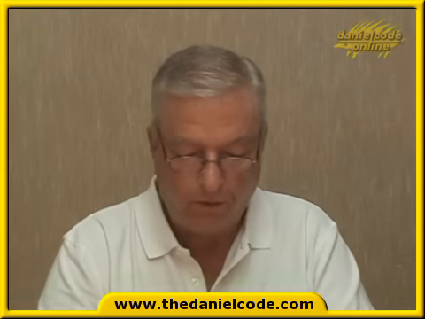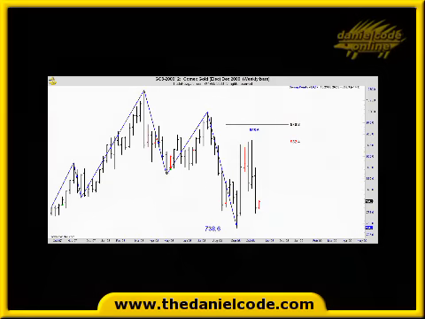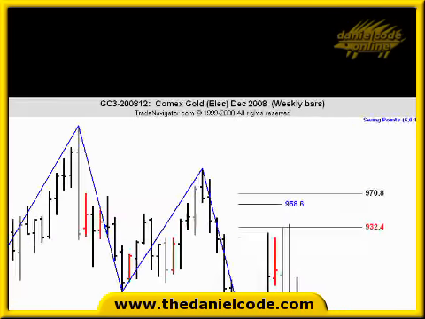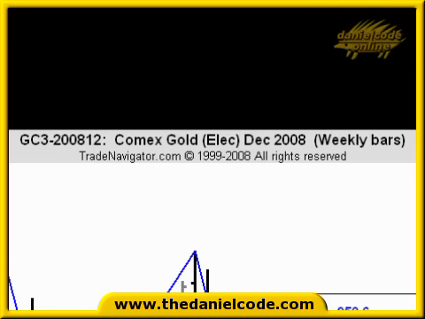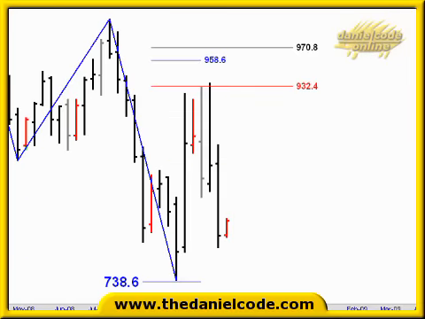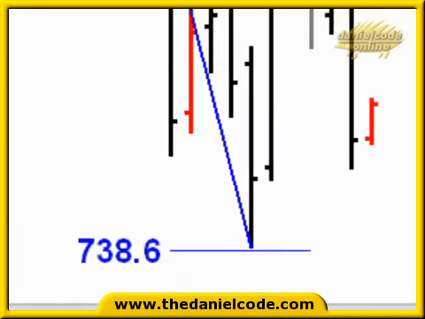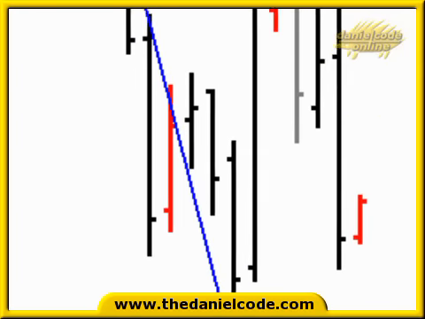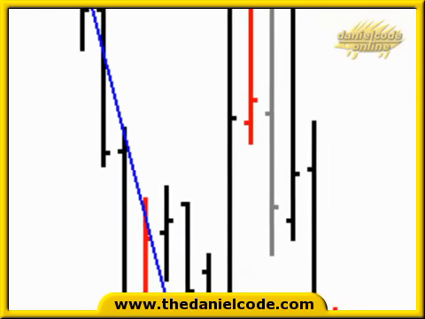We're still on the weekly chart, but we've moved from the 057 continuous chart to the 2008-12 December chart. It's now the front month. You'll see there we had our low at 738.60, and we saw on the previous chart how we got that. We knew that was going to be the low, and then the market reversed from there and it bounced up 1, 2, 3.5 weeks into the high.